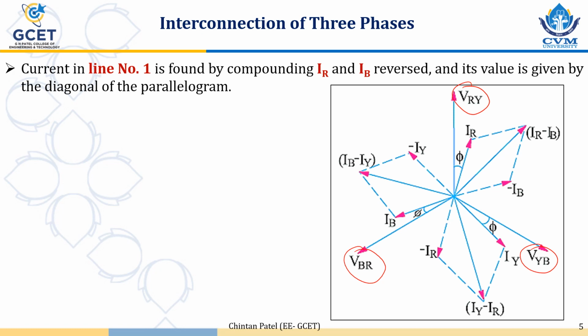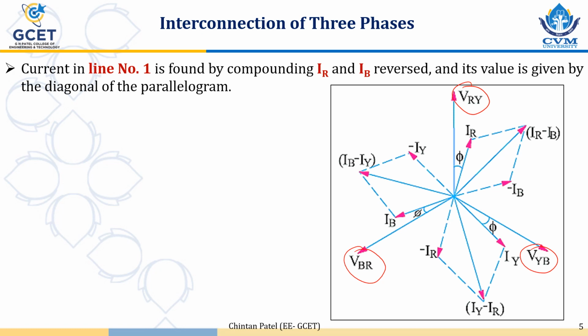In individual phase, the induced currents are IR, IY and IB. And as we discussed earlier also, it is an inductive coil in which current lags behind voltage by some angle. This is not a perfectly pure inductor or pure coil. In a perfectly pure inductor or coil, current lags behind voltage by exactly 90 degree.